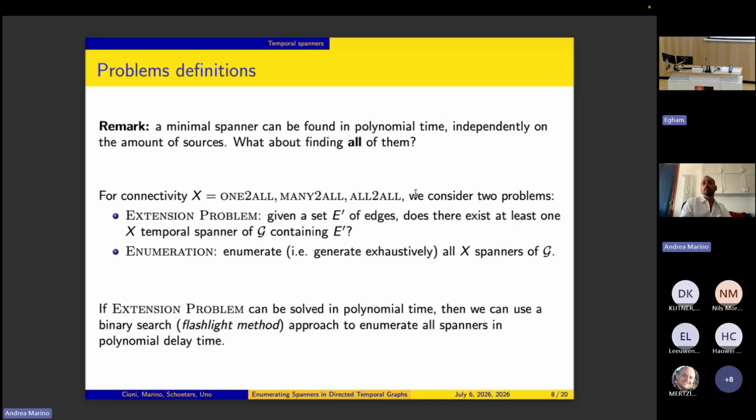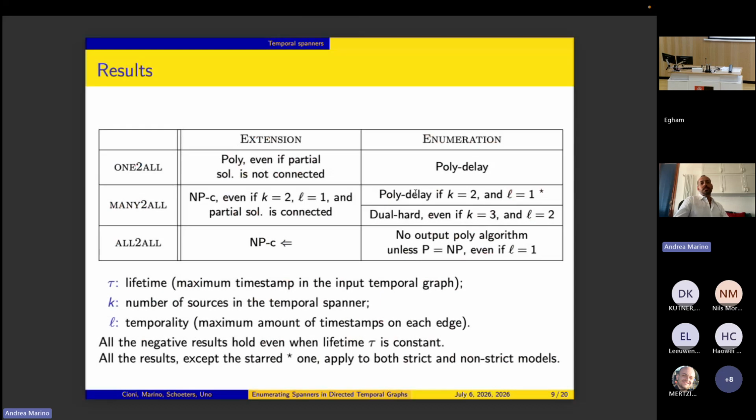This basically proves that you are never going into a dead end and you are achieving polynomial delay, so you are never wasting time.